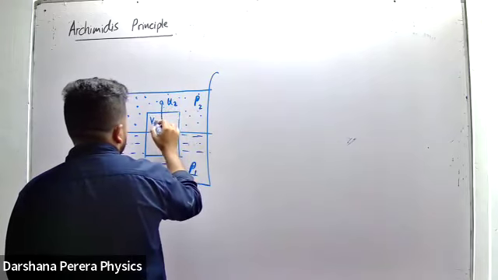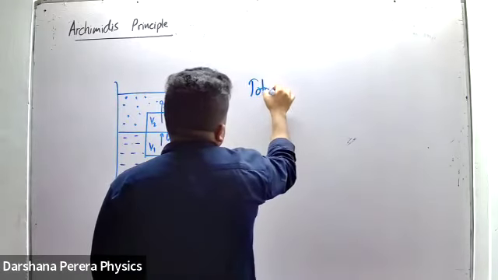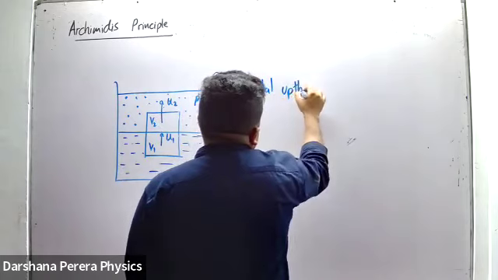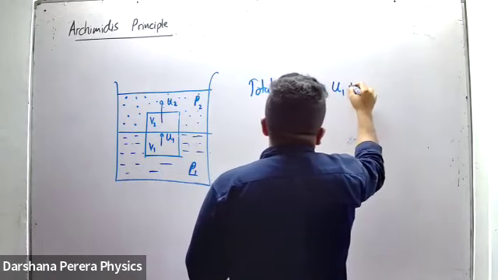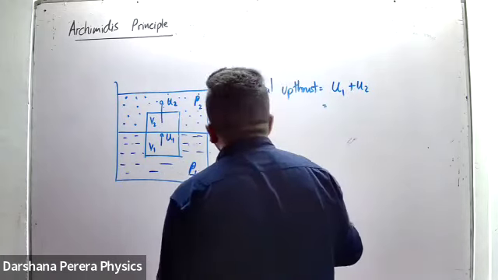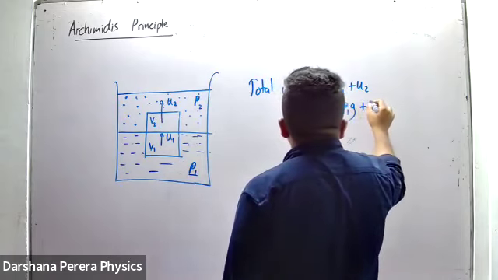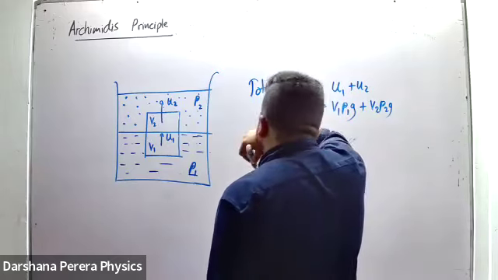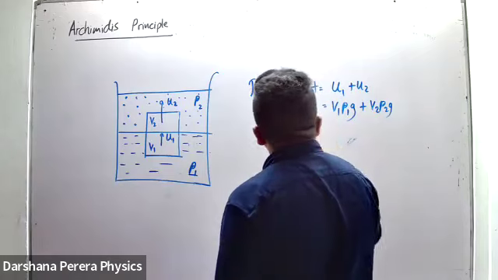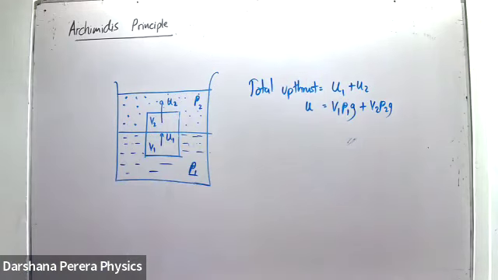This is V2 volume, this is V1 volume. Total upthrust equals U1 plus U2. U1 means V1 rho 1 g, U2 means V2 rho 2 g. Sometimes there are problems considering this type of case, right? Okay. Draw this one and write this one.